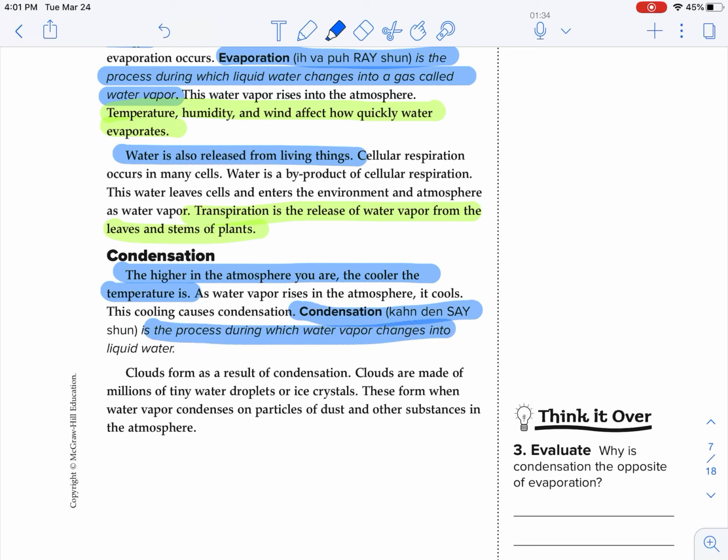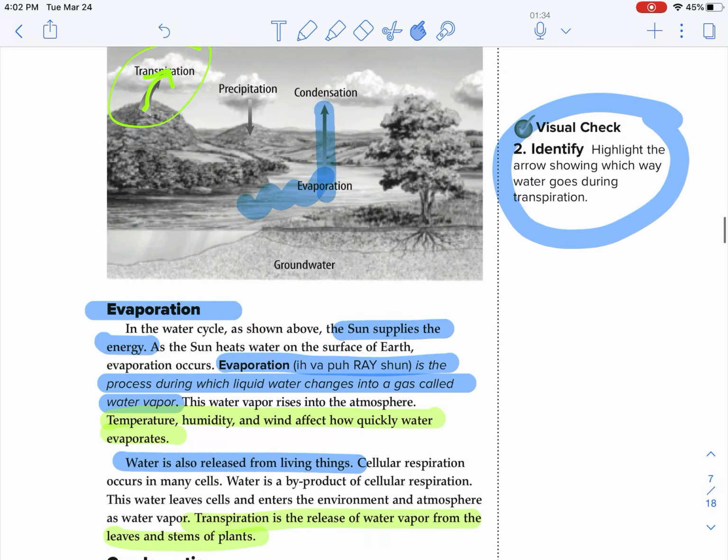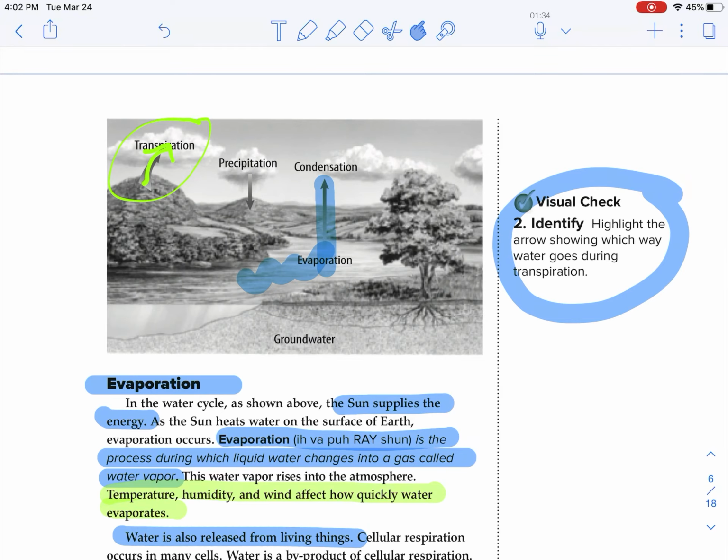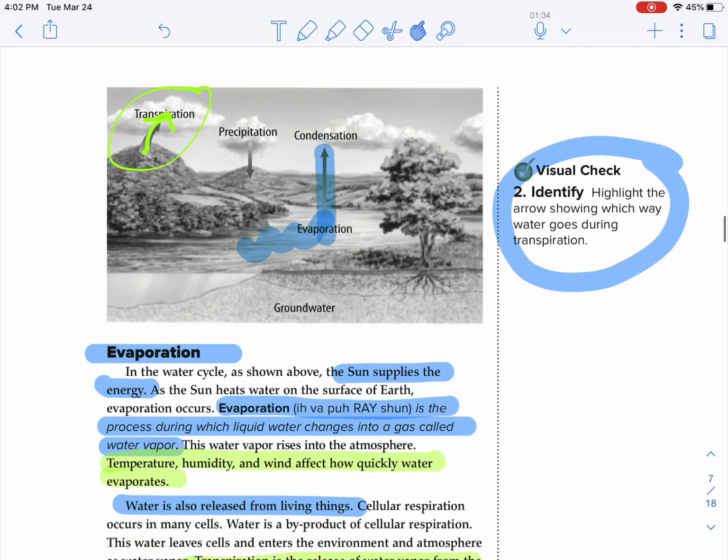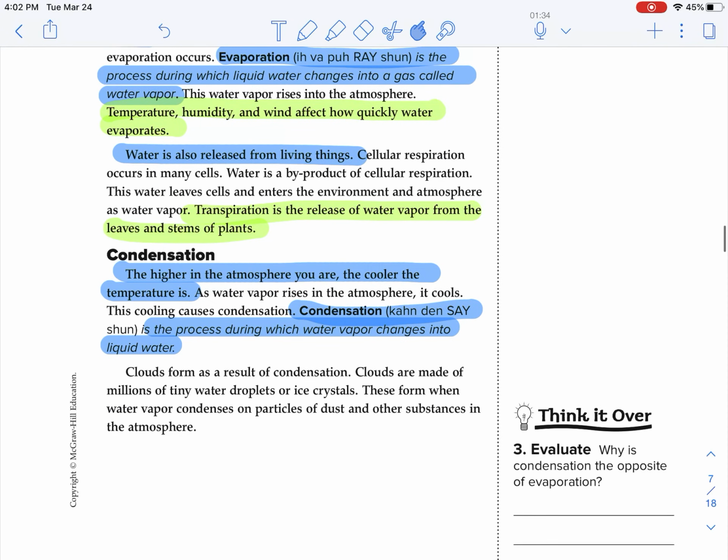Condensation is the process during which water vapor changes into liquid water. So if we go back up here we had liquid water with evaporation, liquid water to water vapor. Then we come down here and we take that water vapor and we're going to turn it back into liquid water. Clouds form as a result of condensation.